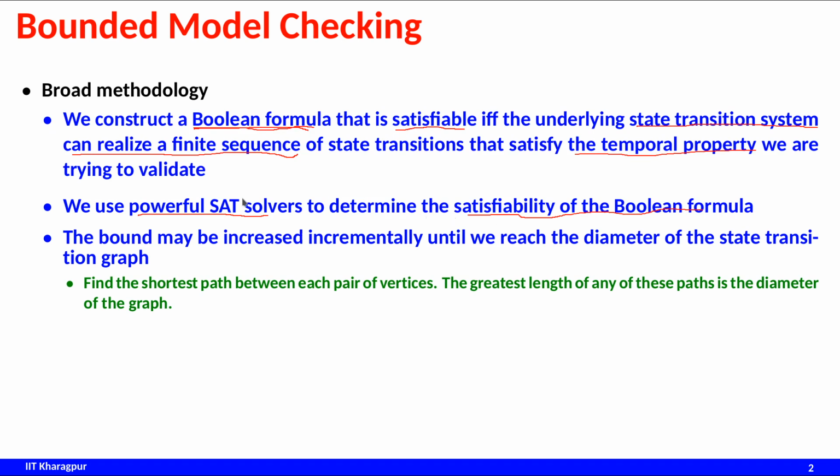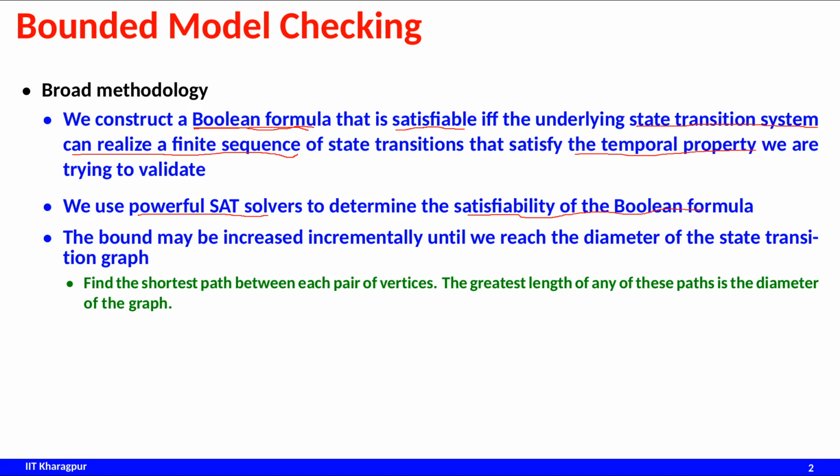So what happens? We assume a path bound, let's say k, and then we try to verify up to a path length k, and if it is verified, then it's well and good.